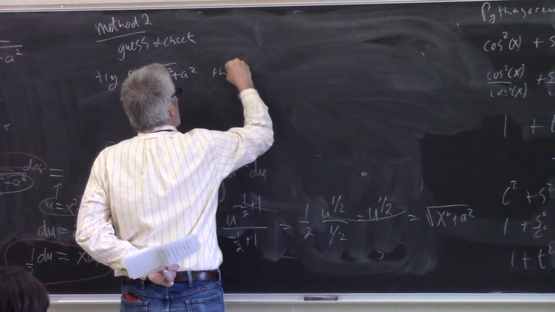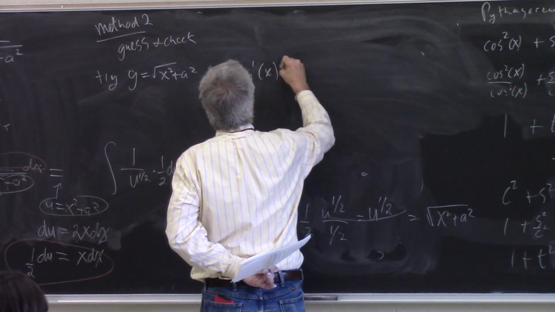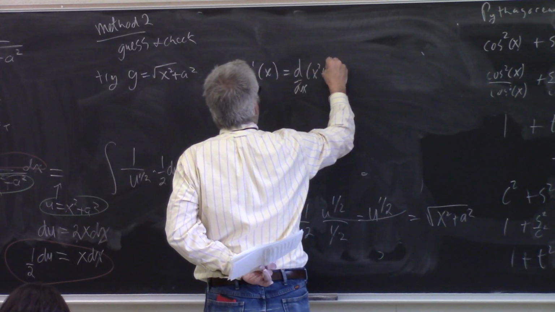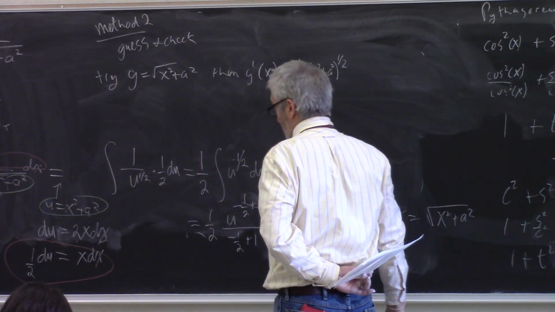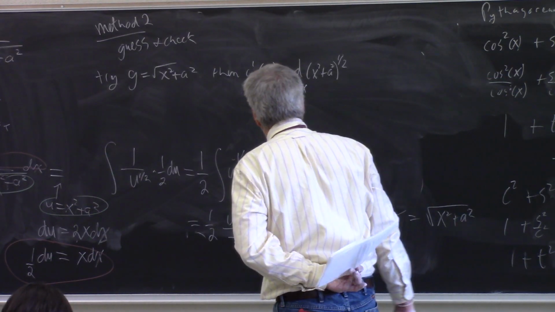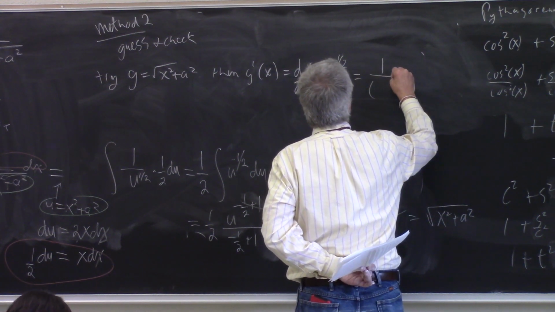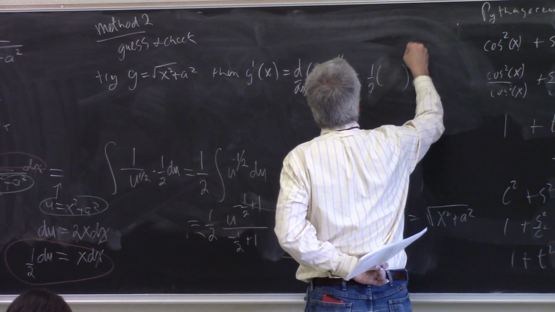Then g prime is going to be the derivative of x squared plus a squared to the 1/2. So that's going to be 1/2 times parentheses to the minus 1/2.